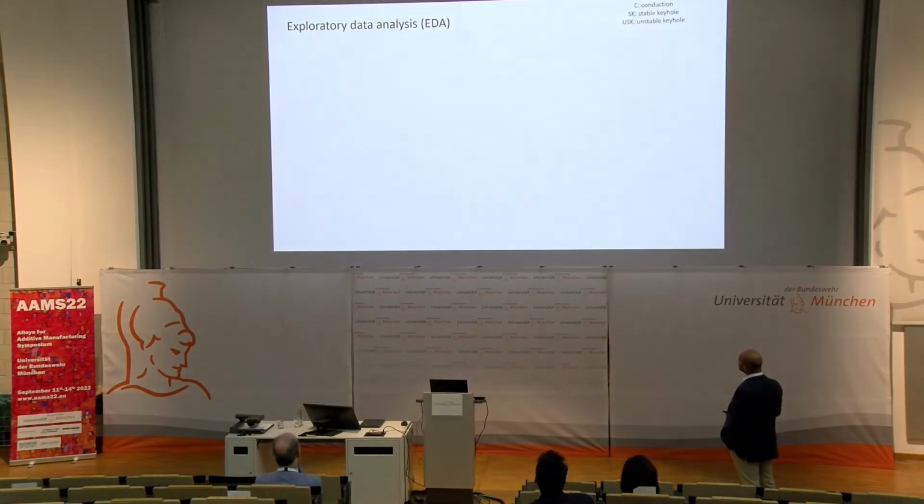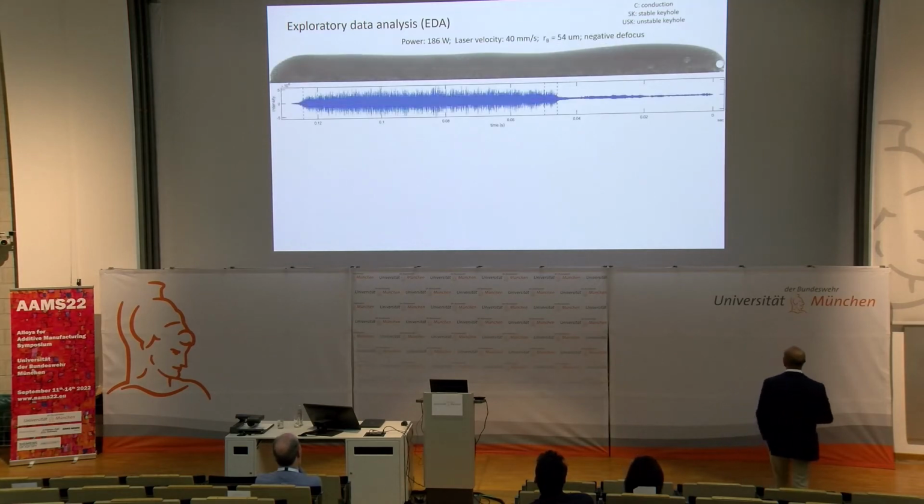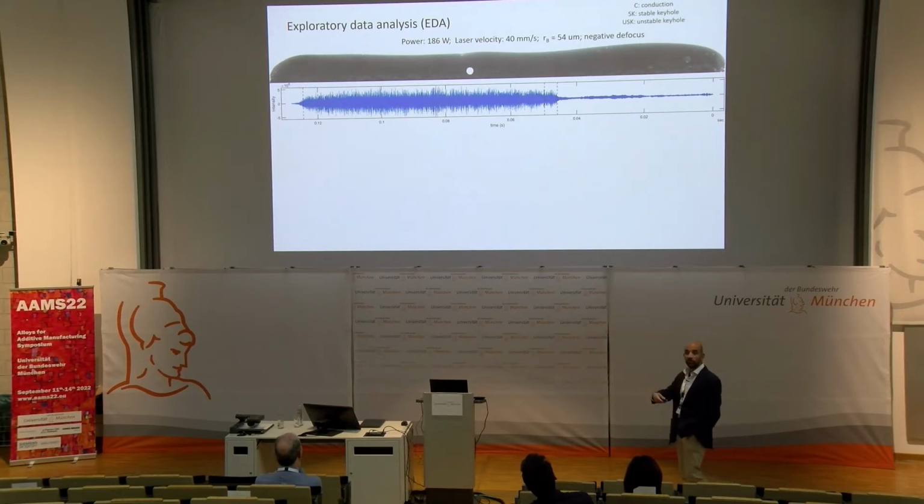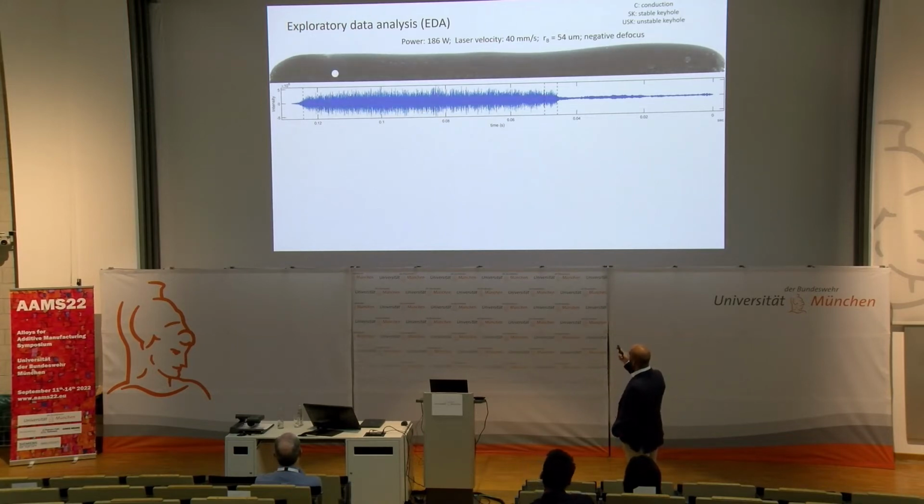I'm going to show also another example here. I use a white cursor here because maybe it's easier to help you find the meltpool. The meltpool goes exactly on top of it at the moment. So you're in conduction mode, and then we have the transitions to stable and then unstable keyhole, formation of small porosities which are left behind, pinned in the structure, and then you also have coalescence of these smaller porosities which results in larger porosities.